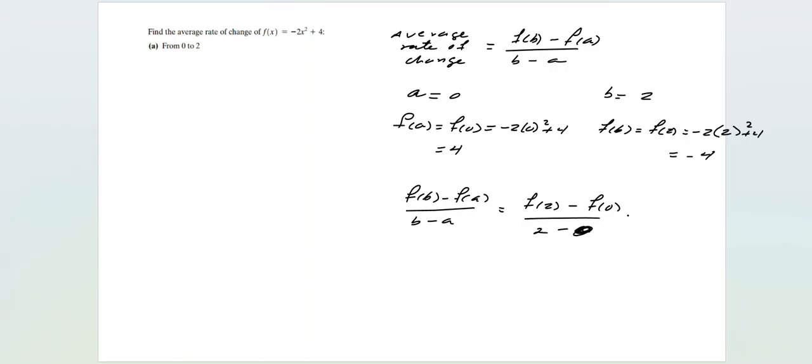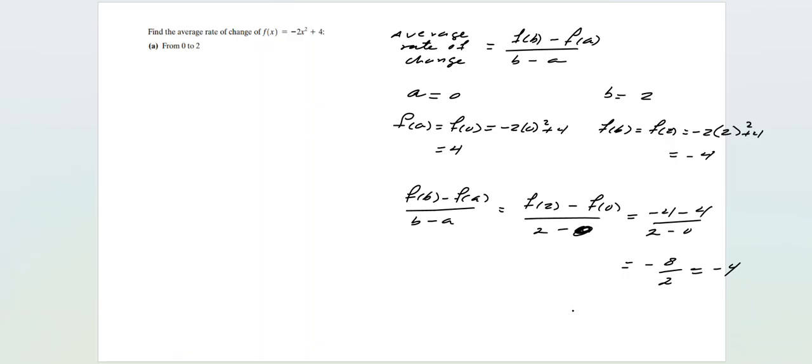We said that f of 2 is minus 4, minus f of 0, which is 4, over 2 minus 0. So this would be minus 8 over 2, so it would be minus 4. So what is going to be the average rate of change from 0 to 2 for the function f of x equals minus 2x squared plus 4? Well, the average rate of change in this case would be equal to minus 4.